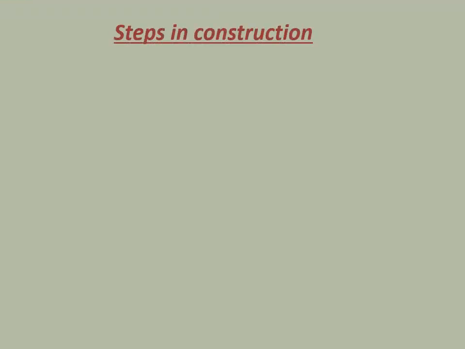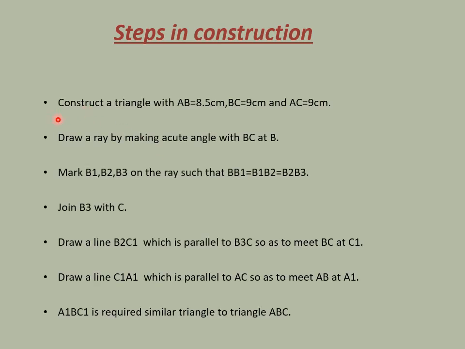We can see the steps in construction. Yes, first of all we construct a triangle with sides AB equal to 8.5, BC equal to 9 centimeters, and AC 9 centimeters. Then we draw a ray making an acute angle with BC at B, and mark B1, B2, B3 on the ray such that B1 equals B1B2 equals B2B3.